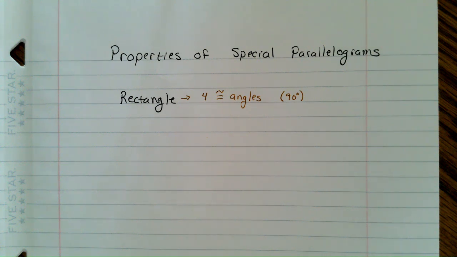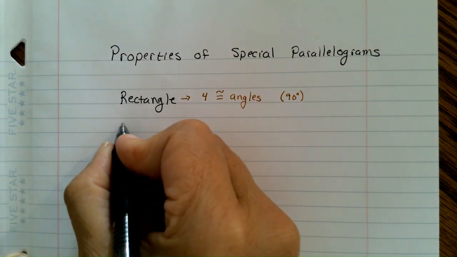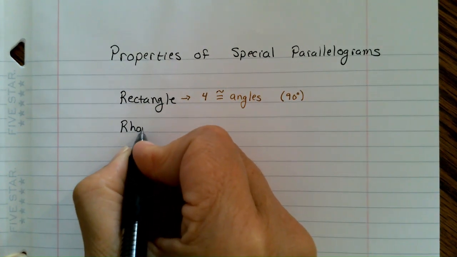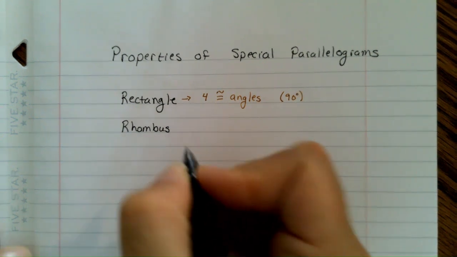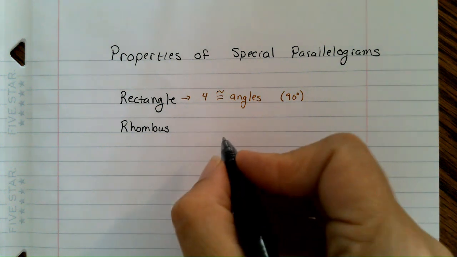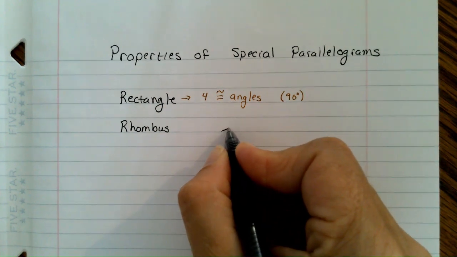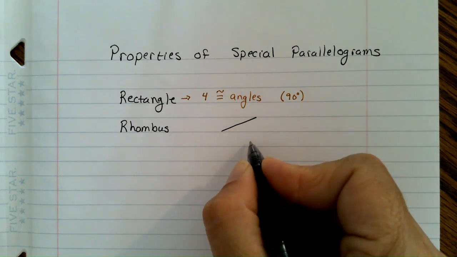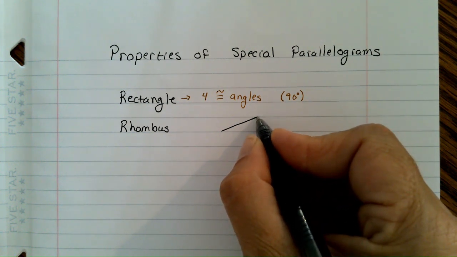Our second special parallelogram is a rhombus. Okay, you have seen rhombus around you. You just may not always know that that's what it's called. So first of all, they're parallelograms, so opposite sides are parallel.